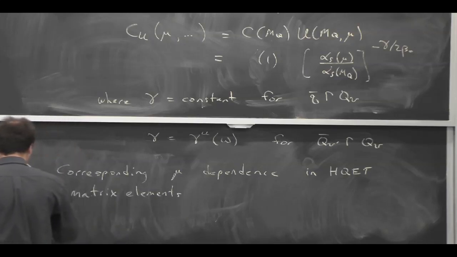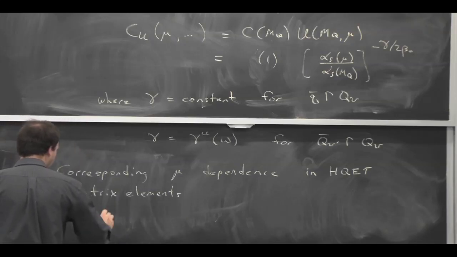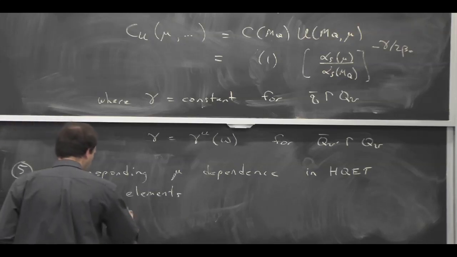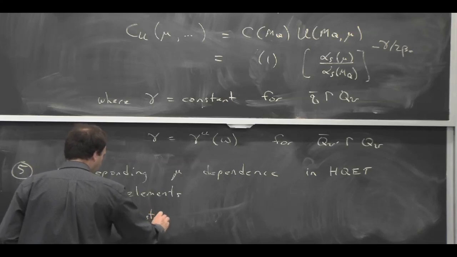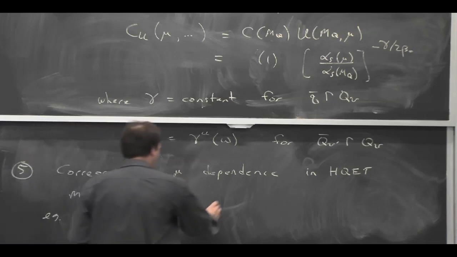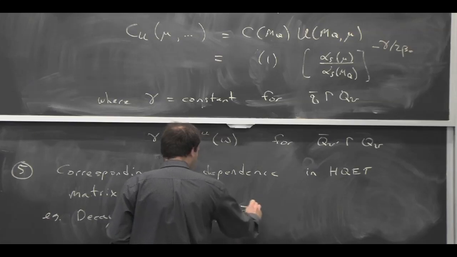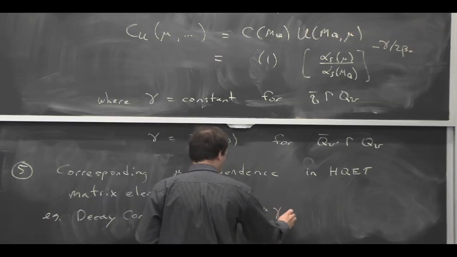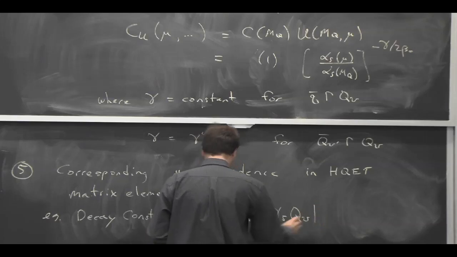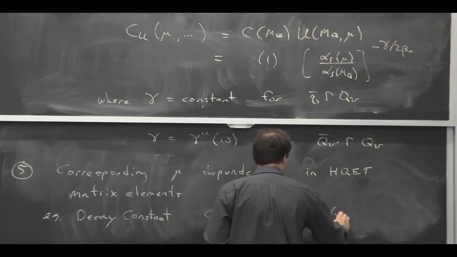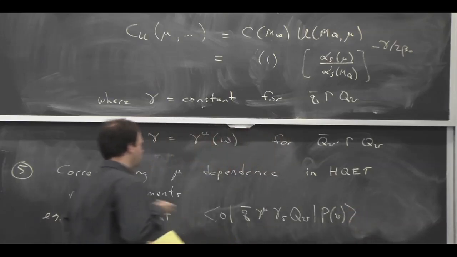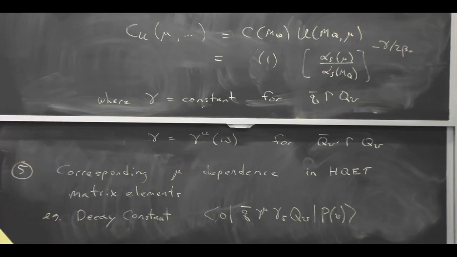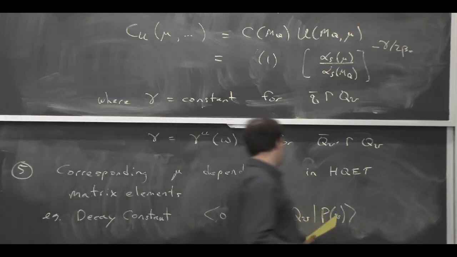And so in our example that we talked about last time, we had a matrix element. So let me give it to you in the context of that example. Last time we were talking about something which was a decay constant. And that's one example of this heavy to light current. So we had a current which had one heavy quark, one light quark, and then a heavy meson.